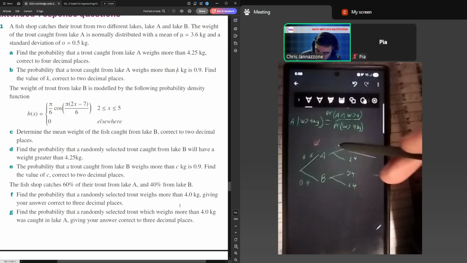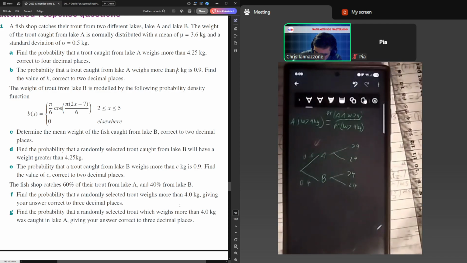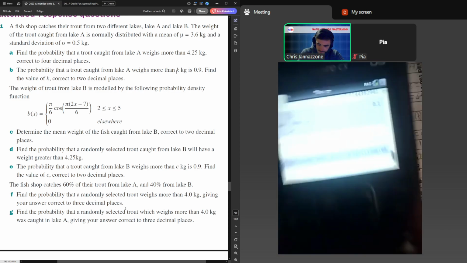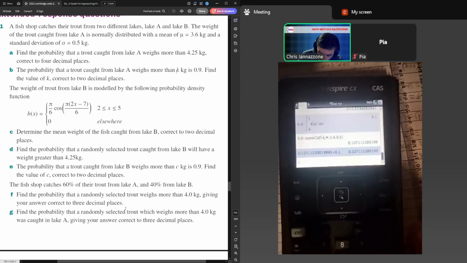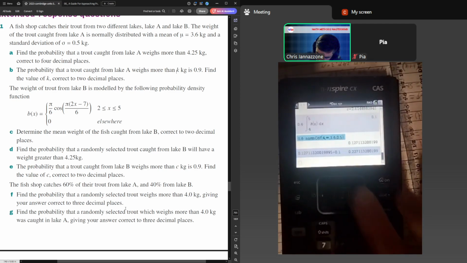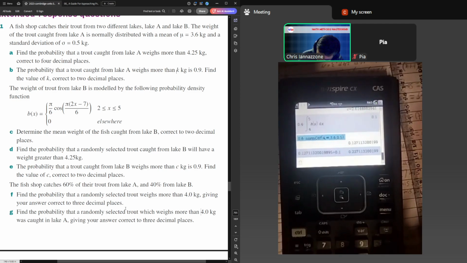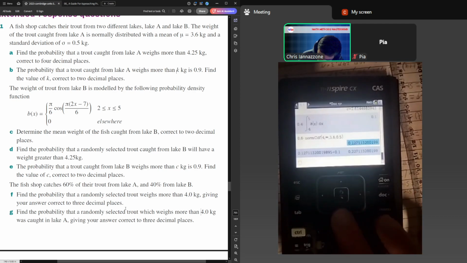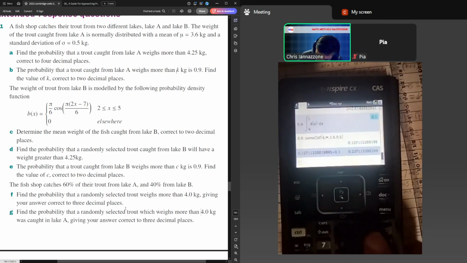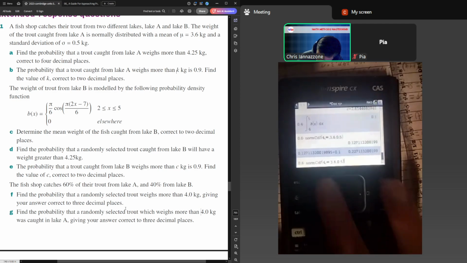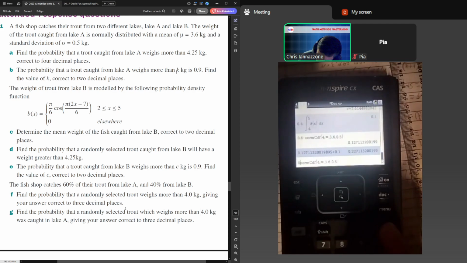Now, granted, we do know this one, or at least we could quickly find it. It was Lake A, so that's the normal distribution. So pretty much we're just going to take the normal distribution that we found from earlier. Wait, that's just it, isn't it? That's the whole thing. Because if you take away the 0.6, you can get your calculation, sure, but you are just going to multiply it by 0.6 anyway.